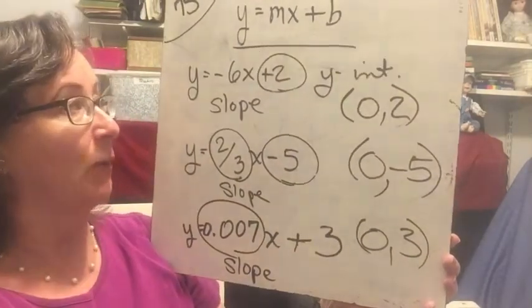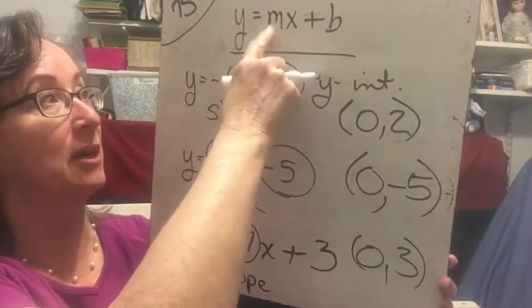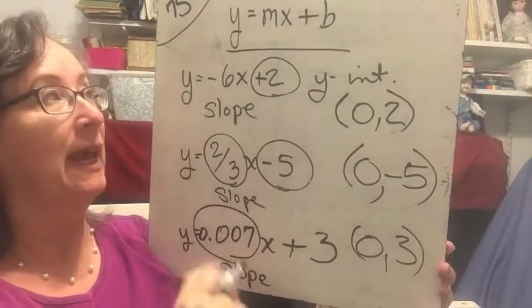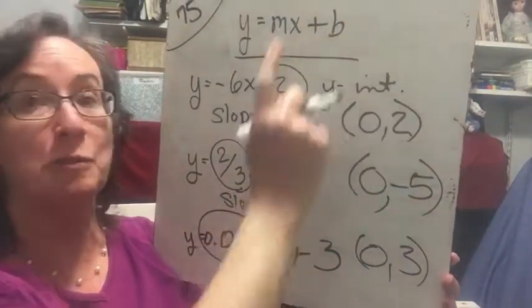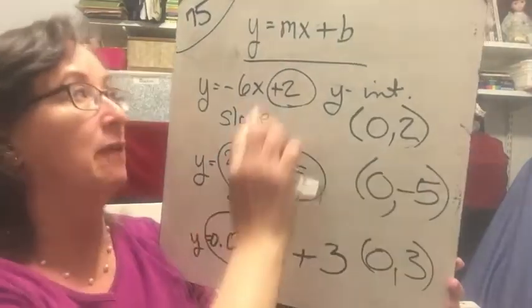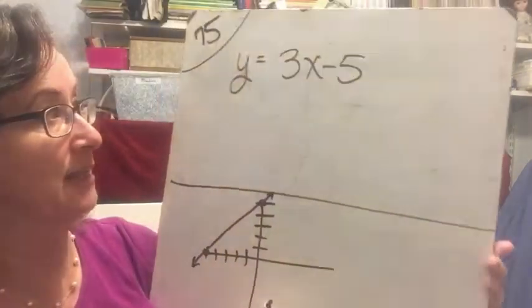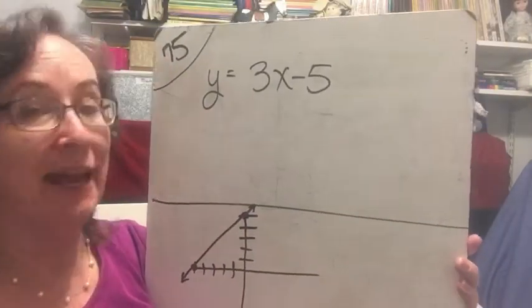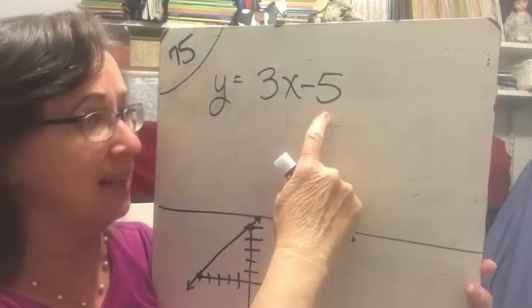Okay, so every line is put into the slope-intercept form. And because this is a very famous form, we usually use b to designate the y-intercept, and we use m to designate the slope. Here we have two examples, and the book is asking us to find the y-intercept of this line.